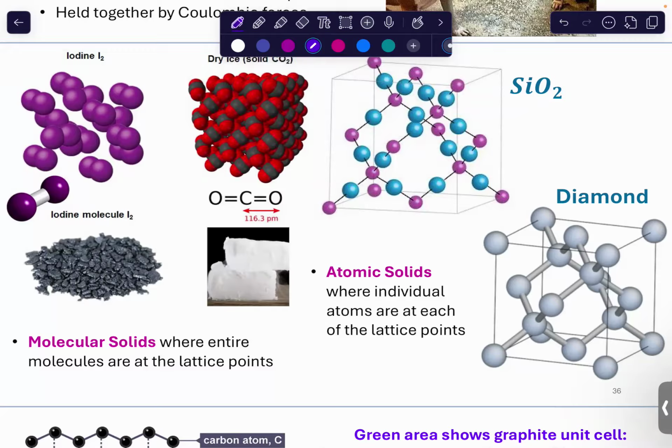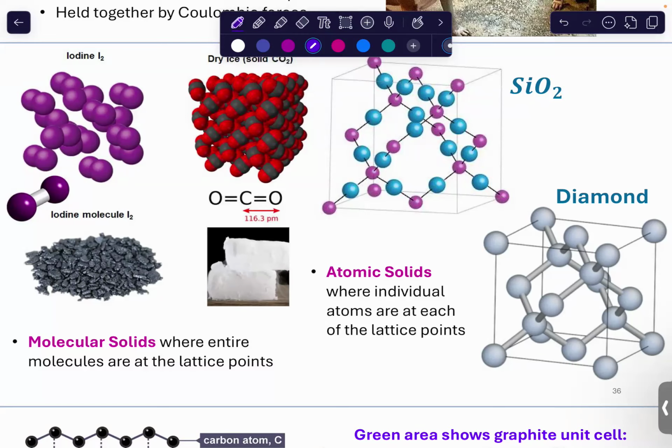In atomic solids, all of the major lattice points are taken up by atoms. In molecular solids, you'll have molecules. You see in these two molecular solids up there, how you have an entire molecule at individual points. You can kind of judge it. Just look at one of the corners of the carbon dioxide cube. That entire corner is a molecule of carbon dioxide.